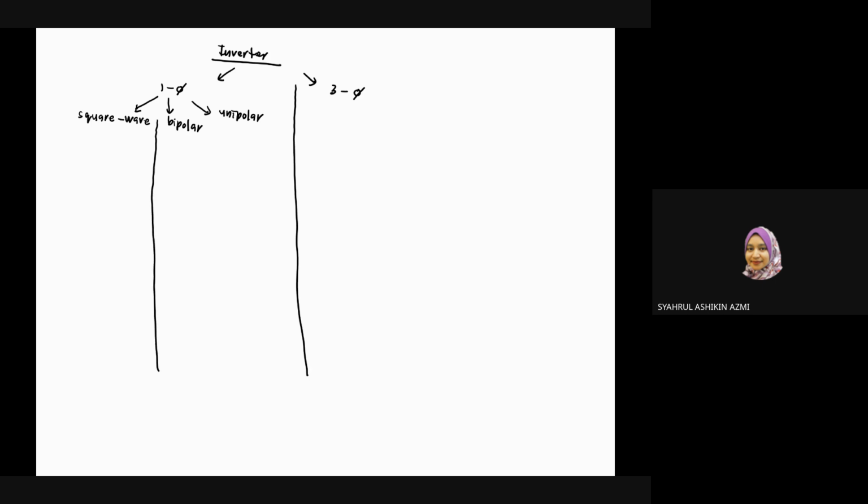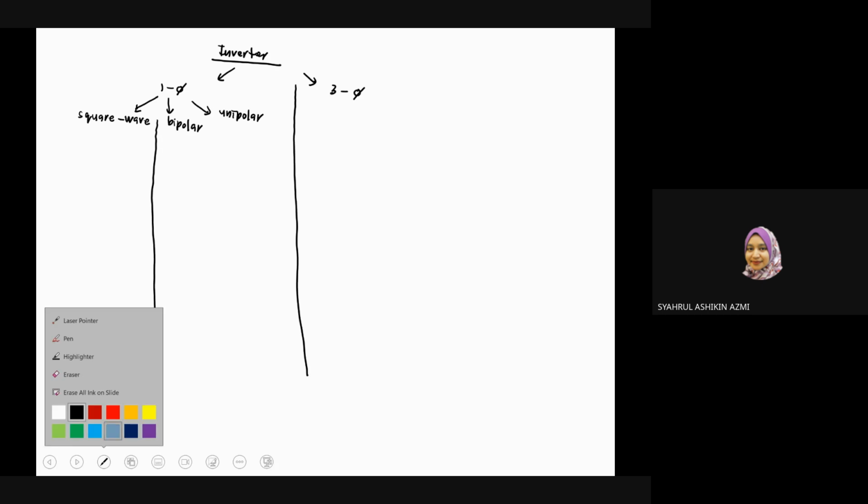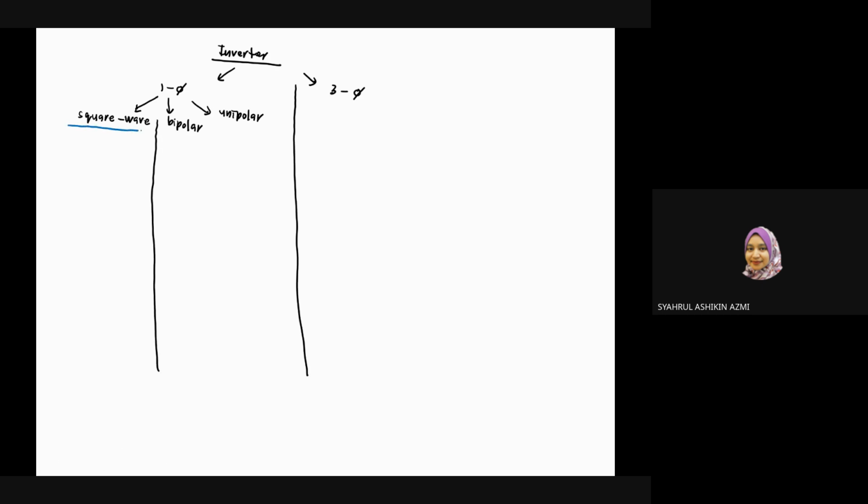Okay, so for the single phase inverter, this is using fixed pulses. The related equation will be this one over here: for a full bridge inverter, 4 VDC over n pi in peak.